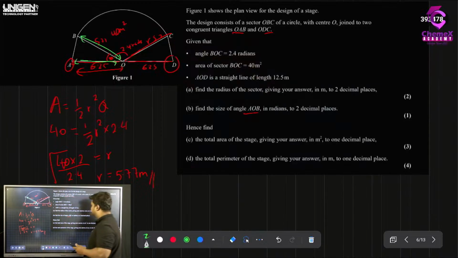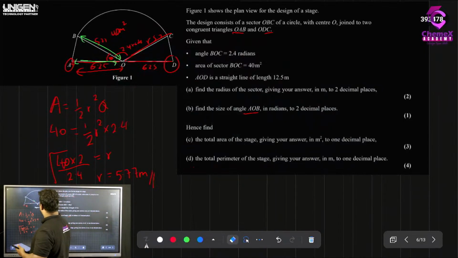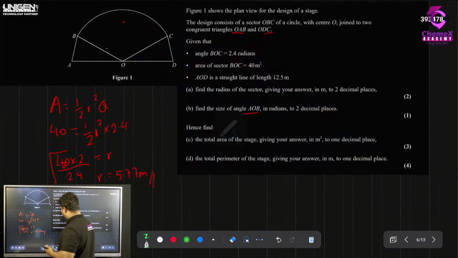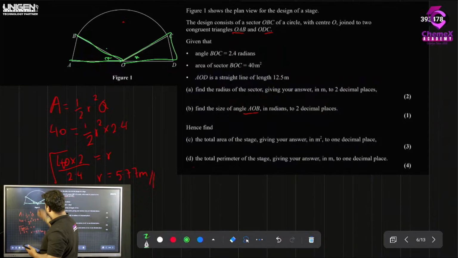What else? Find the size of AOD. Now, how can you find it? Any idea? You don't need any of those. Why? If these two triangles are congruent, these two angles are also equal.